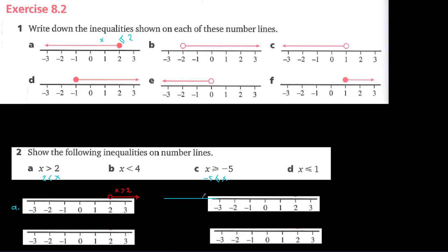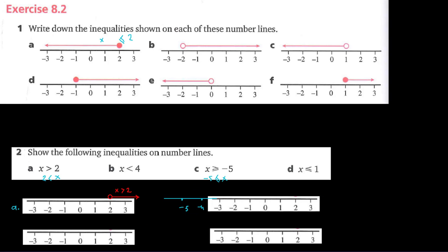Let's say this point is minus 5, and this is the critical point. And x is greater or equal to minus 5, which means the red line should be on this side.